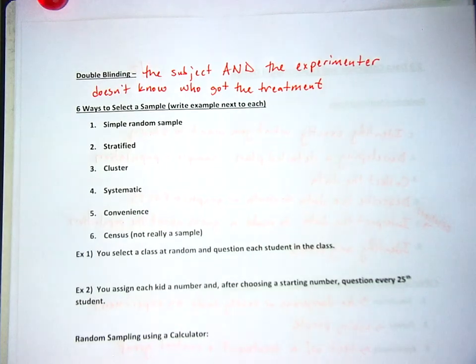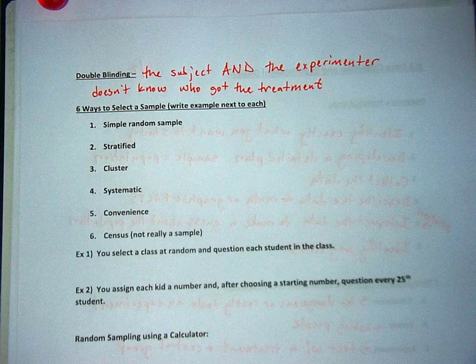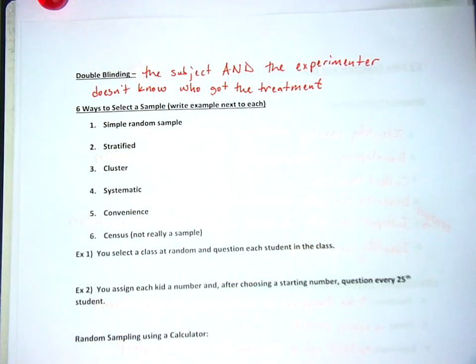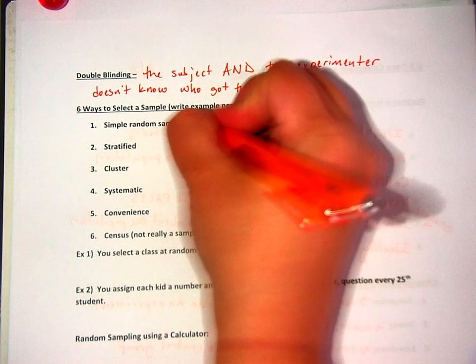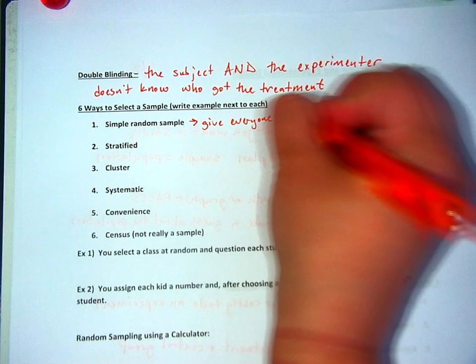All right. There are 6 examples here of how to select a sample. A simple random sample is you give everyone a number, and then randomly pick numbers.